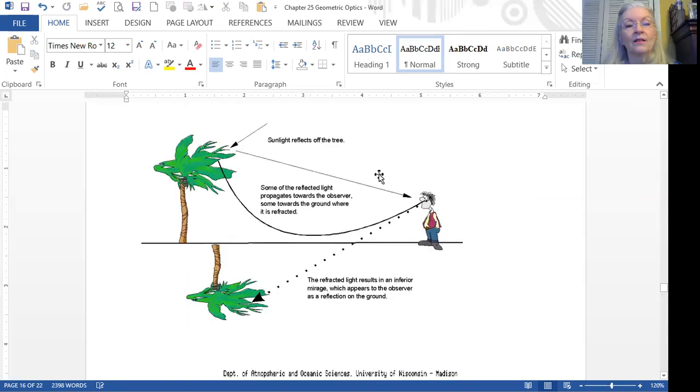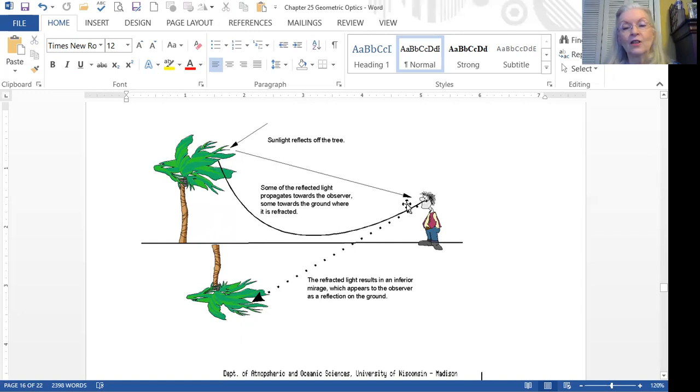All right, so we've got the sun up here, and the sunlight hits the palm tree, and some of it bounces off and goes straight to your eye and you see it. Some of it hits the palm tree and comes down, but because the air over the ground is less dense than the higher air, it causes this beam of light to bend, and it actually makes a curving arc.